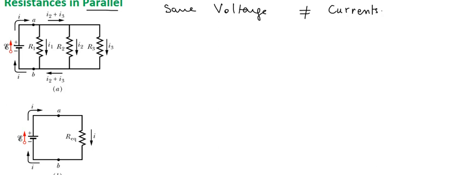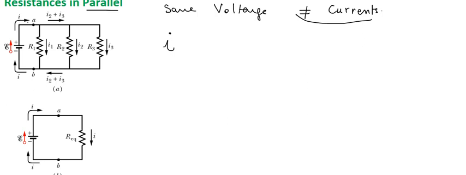Let's say the current going from the battery is I. I want to replace these resistors with one resistor. What could be the resistance of that equivalent resistor? Since we have different currents, how are these currents linked to each other? We can just apply the junction rule.